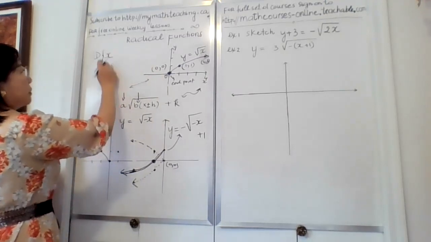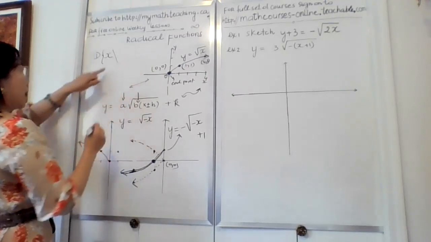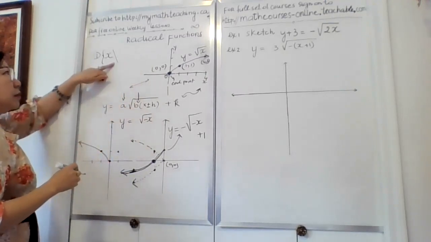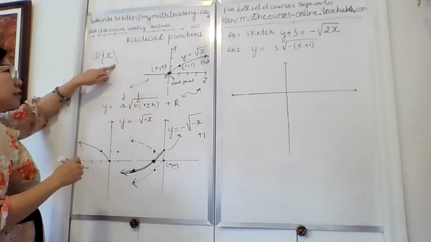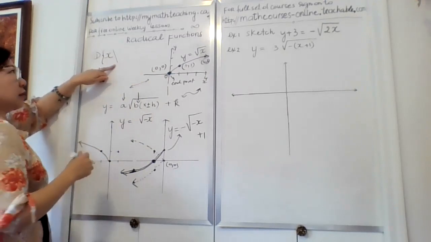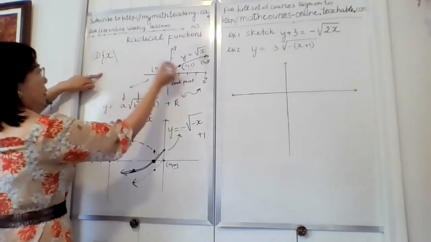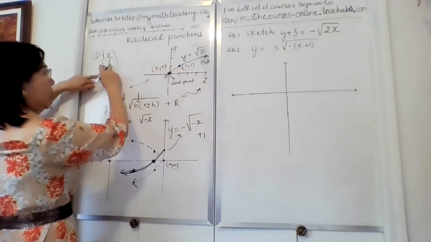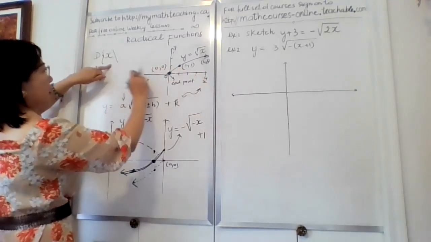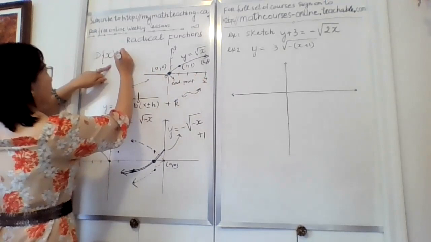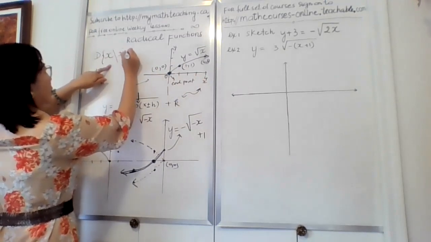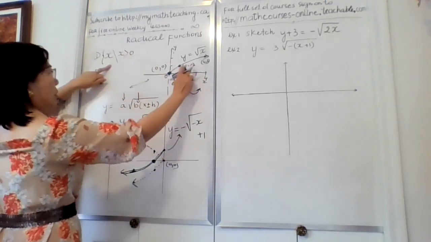So it's a set of x values such that, this short line stands for such that, the x here has to be bigger than or equal to 0 for this basic one.